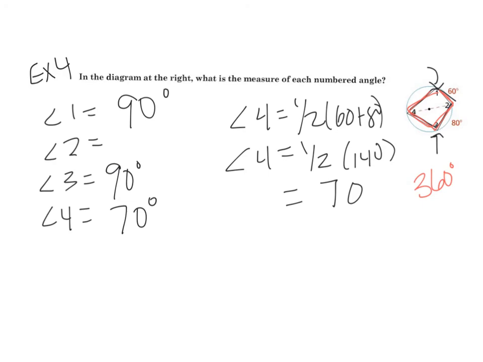So angle 2 and angle 4 are going to add up to 180 degrees. And we know what angle 4 is. We just figured it out. It's 70. So basically all we have to do is 180 minus 70, and that will give us angle 2. And that's pretty much it.